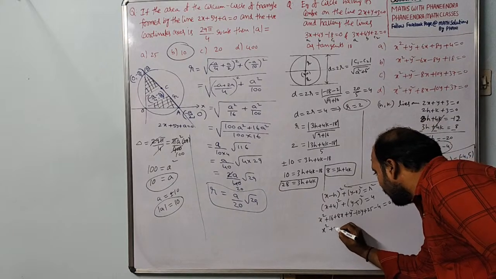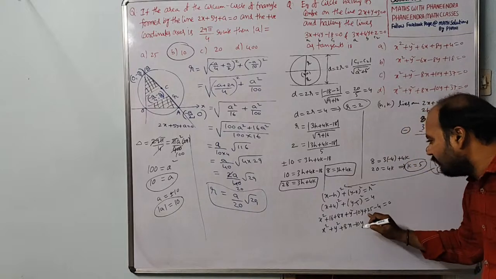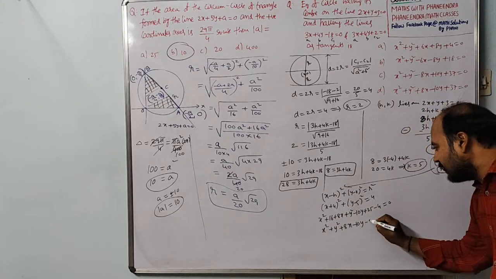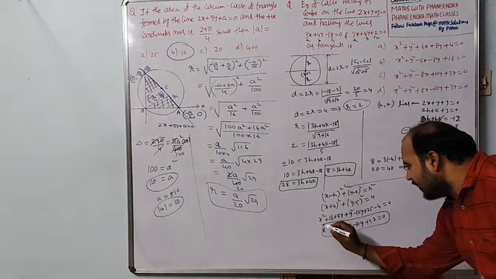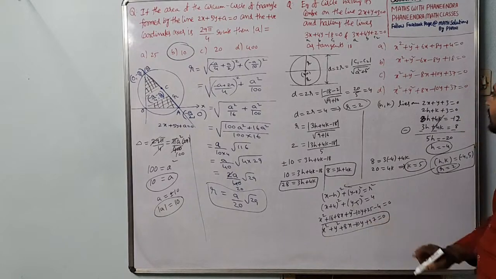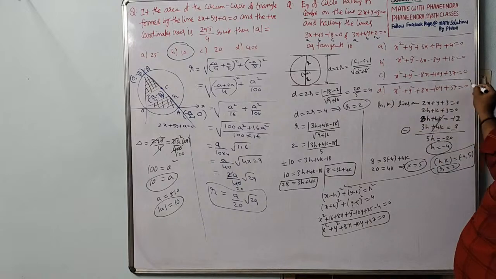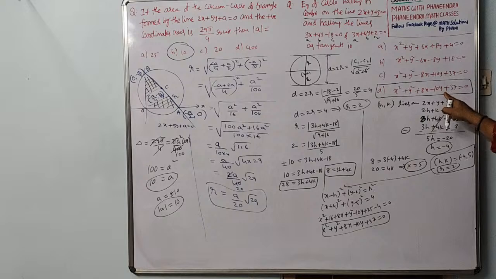So x square plus y square plus 8x minus 10y plus 37 is equal to 0. So the required answer is x square plus y square plus 8x minus 10y plus 37, which is in the fourth option, dear students.